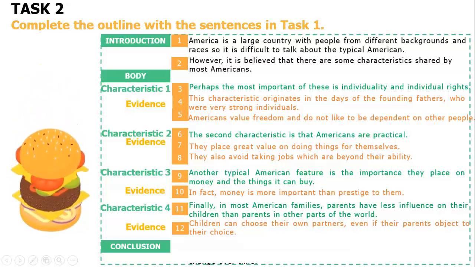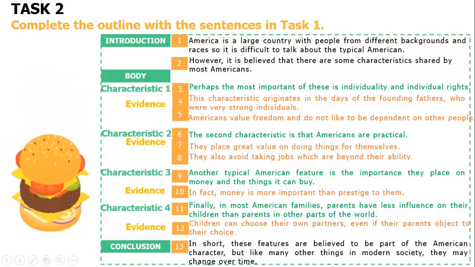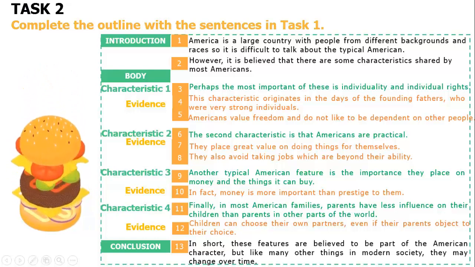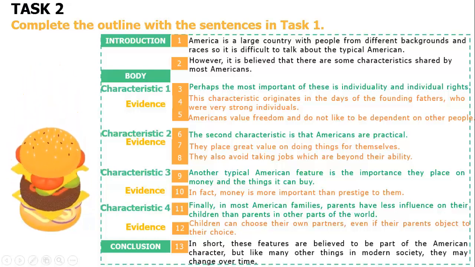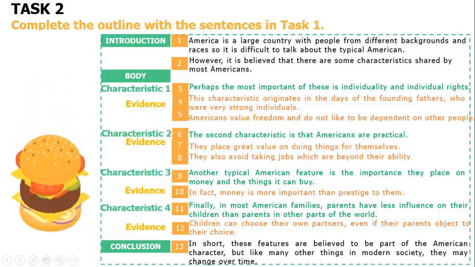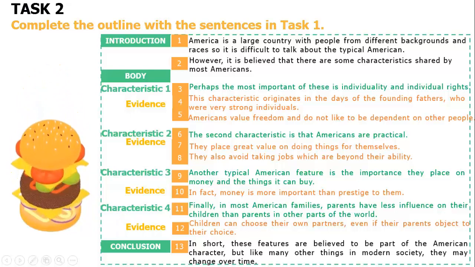And the last one, conclusion, is sentence 13. In short, these features are believed to be part of the American character, but like many other things in modern society, they may change over time. I hope you have chosen the correct answers.